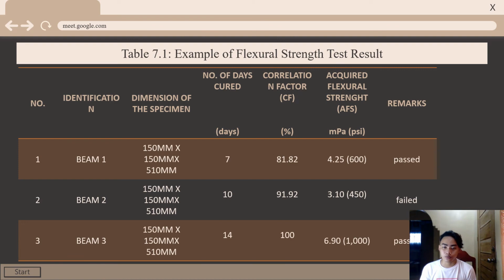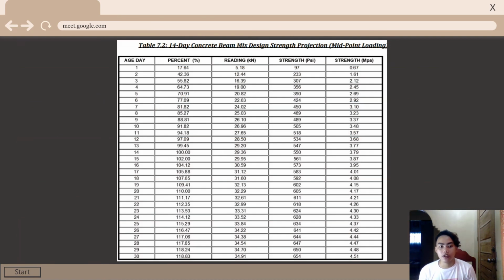Moving on now to Table 7.2, wherein we can see the required flexural strength for our materials. In this table, this will serve as the basis for the remarks of our flexural strength test. As you can see here, this is the required flexural strength for a material in megapascals, this is in PSI, and this is in kilonewtons.